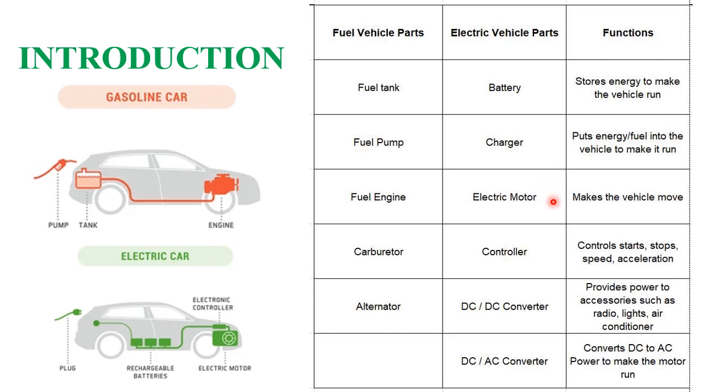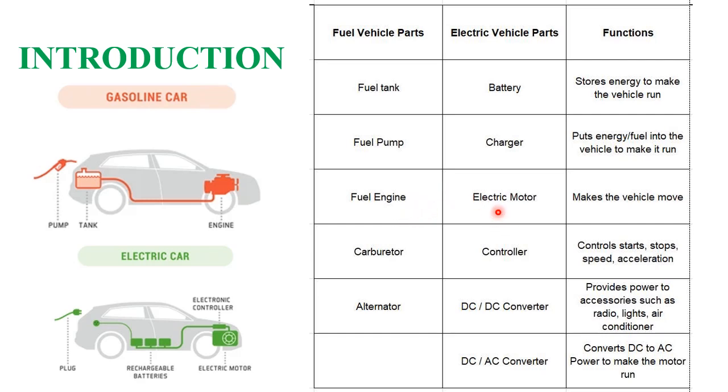And then in order to make the vehicle move, you need a fuel engine in case of fuel vehicle, and you need an electric motor in case of electric vehicle. Okay, so this is the most important difference.